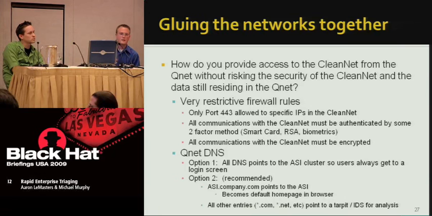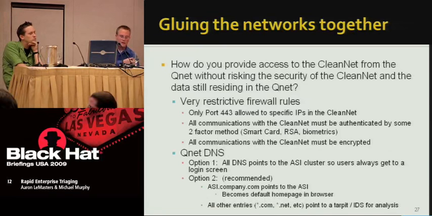And then for the DNS aspects of getting your people there, obviously there's two basic options. One, you could point everything there, just black hole the entire internet to your cluster, so that anytime a user opens up a browser, they essentially get the CleanNet's cluster that you want them to go to. Option number two is that you set their home page to some record that you created and point that one there.